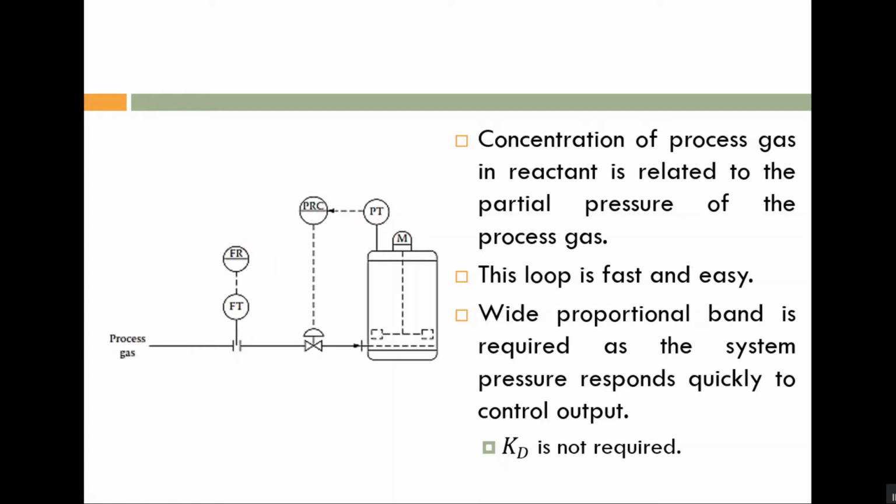Forget about forward acting or reverse acting, because in order to decide whether we require a forward acting or reverse acting, first we have to know the process. Here the type of process is not assumed, whether it is an exothermic process or endothermic process. That is not mentioned. Without that, we can't select the control valve.